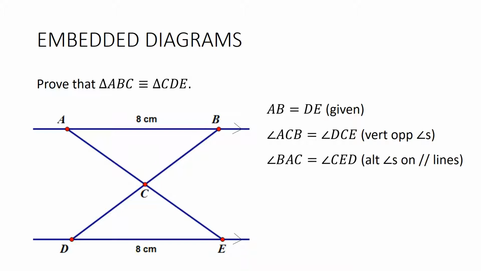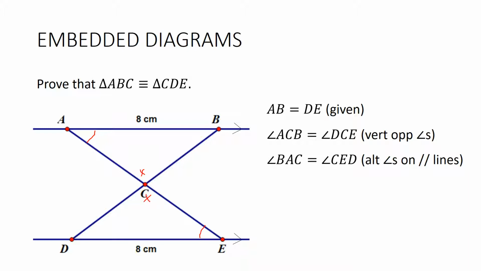And one more, angle BAC is equal to angle CED. So that's this angle here equals this angle here. Reason, alternate angles on parallel lines. So there's our three facts.